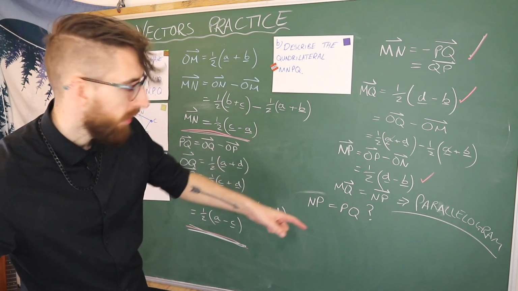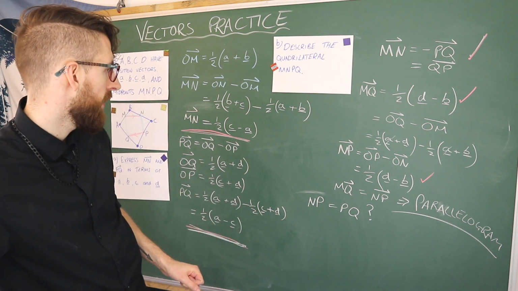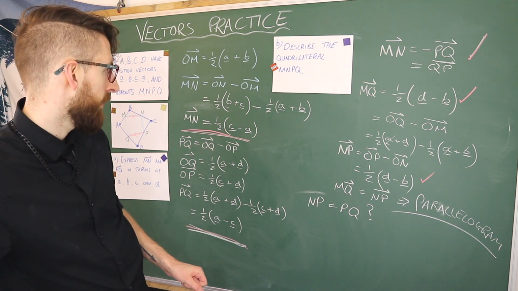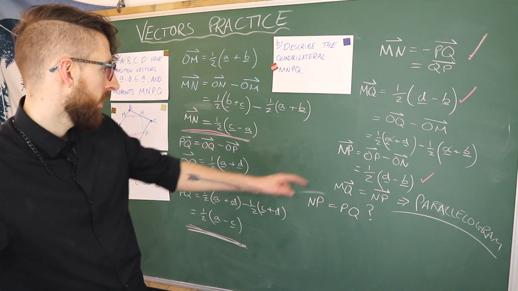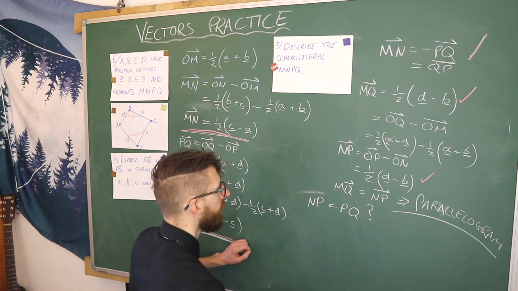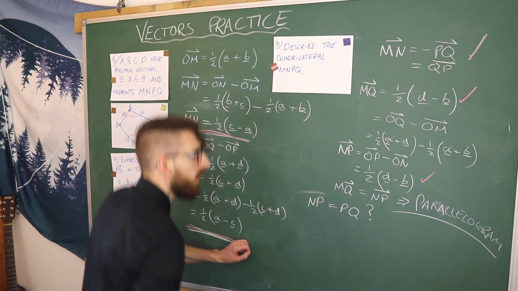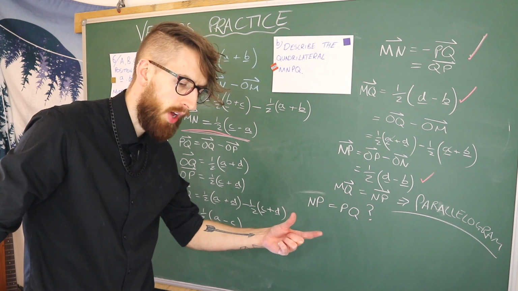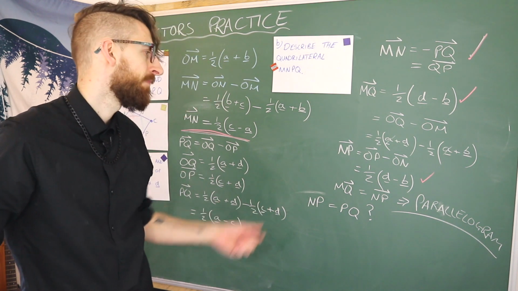So we need to do a bit of Pythag, okay? How can we do Pythagoras on this? NP is here. Now we're at this stage where to do Pythagoras, you do the x component squared plus the y component squared.